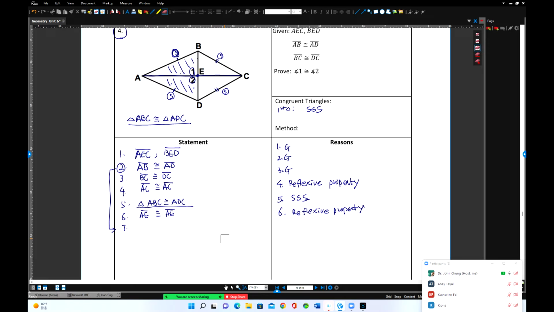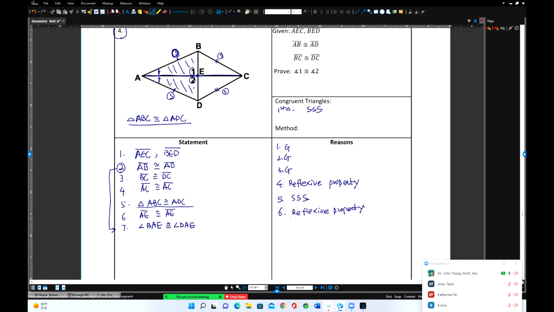The next one, AE is congruent by reflexive. We got two sides. We need one more. What about this angle? From the two triangles just before, this angle and the other side's angle are congruent corresponding angles. So you can say angle BAE is congruent to angle DAE.